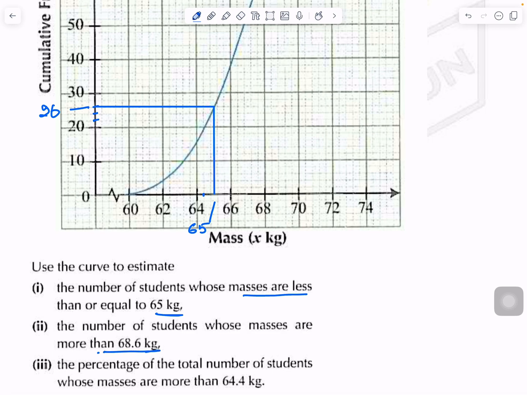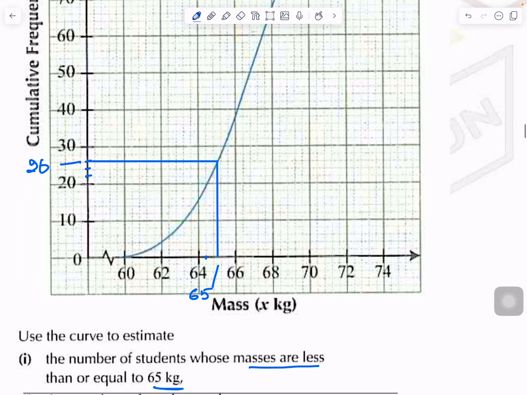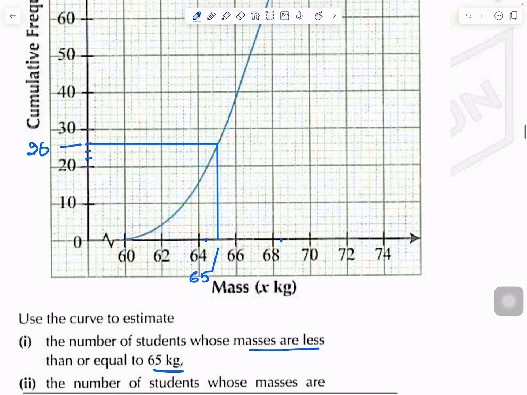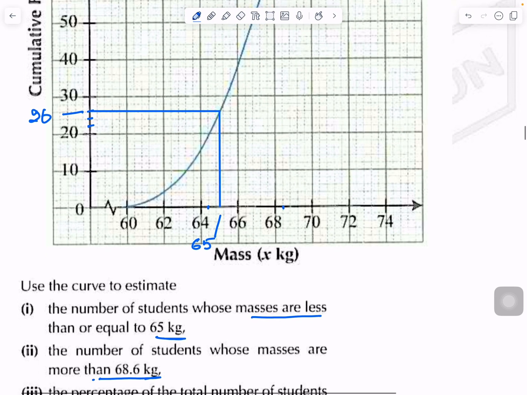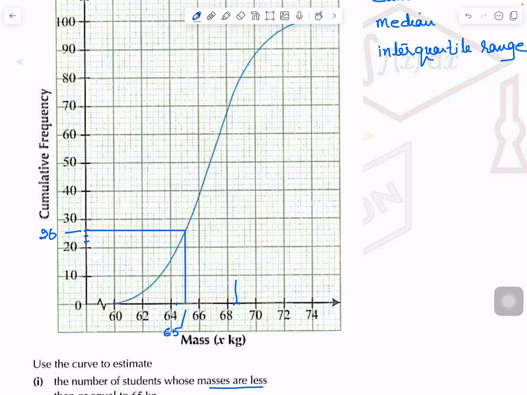I have to read where 68.6 is. Let's read here first of all. So 68.4 and 68.8 here. So 68.6 will be in the center here.